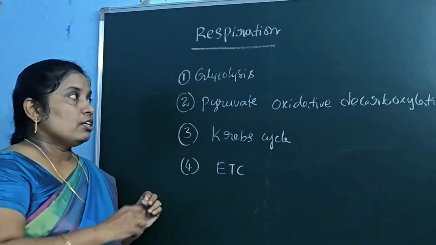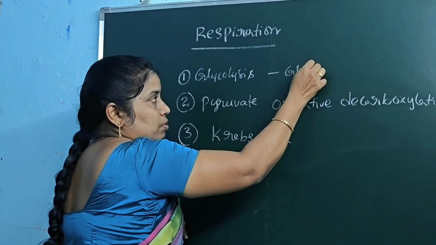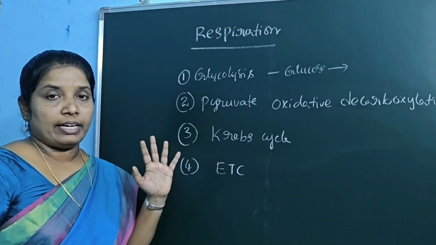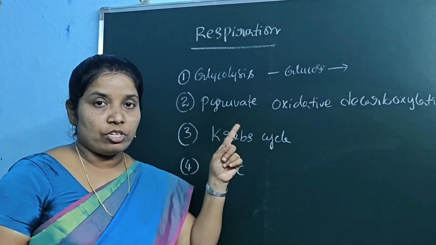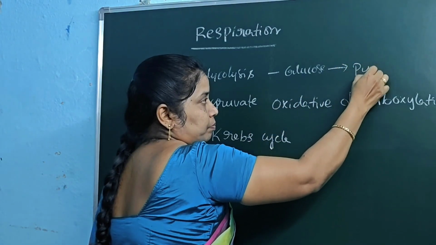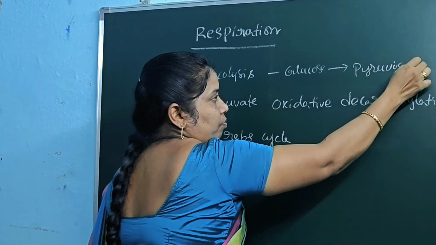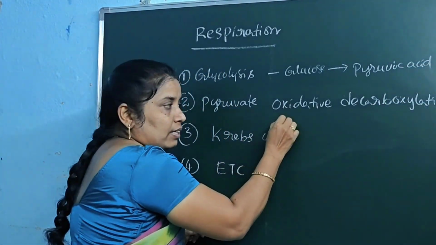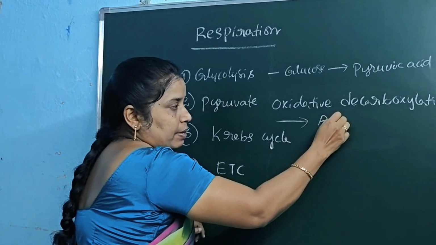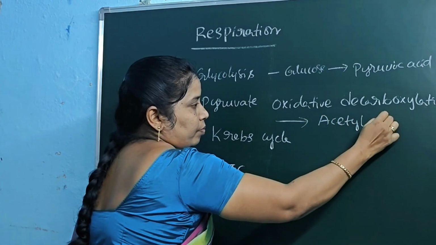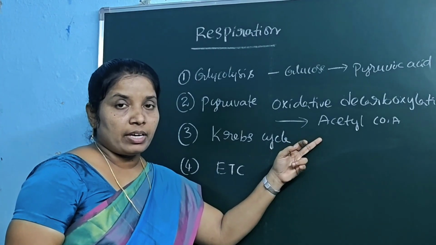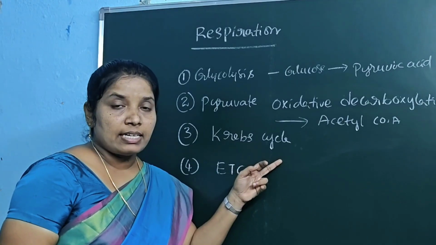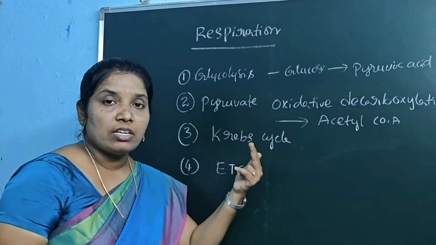Glycolysis is the initial step of aerobic respiration. Here glucose molecules break down, and the glucose is converted into pyruvic acid. In the next step, pyruvic acid is converted into acetyl coenzyme A. Acetyl coenzyme A enters the Krebs cycle, where it condenses with oxaloacetic acid and undergoes sequential reactions.